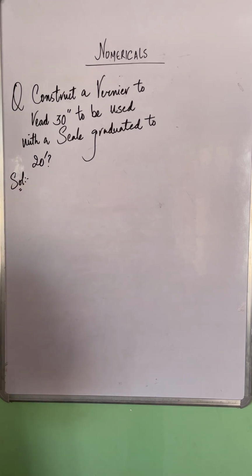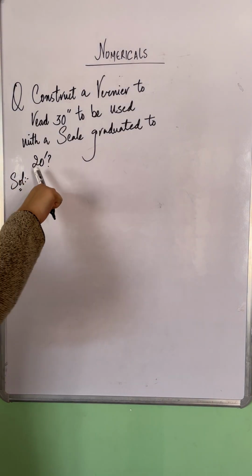The question is, construct a vernier to read 30 seconds, to be used with a scale graduated to 20 minutes.